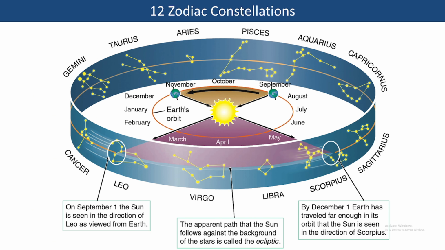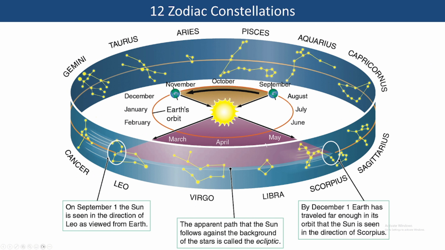Now we want to talk about the 12 zodiac constellations. They are very special. When Earth is orbiting around the sun, from Earth's point of view, the sun is located at a different part of the star background. In December, when Earth is here, Earth looks at the sun and the sun is in the background of Leo constellation. And 2 months pass, when Earth orbits to this location and looks at the sun at a different angle, we think the sun is in the background of Scorpius.